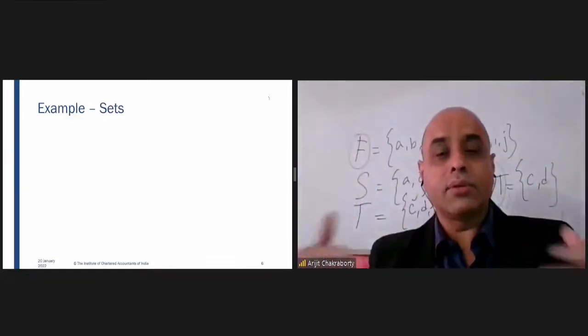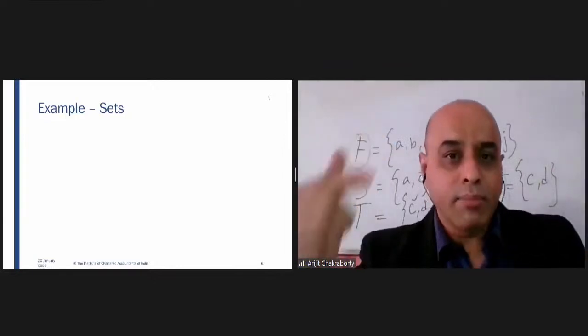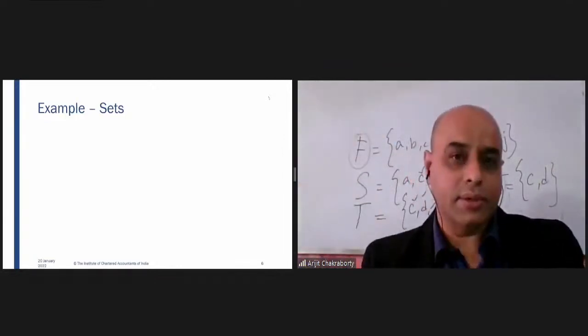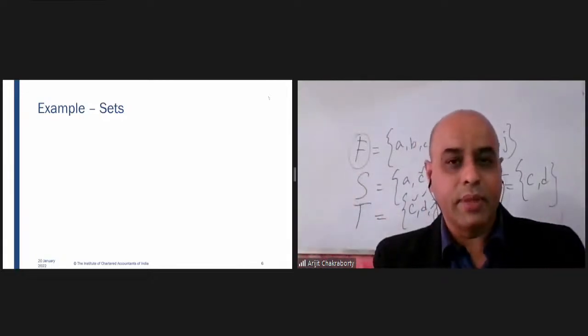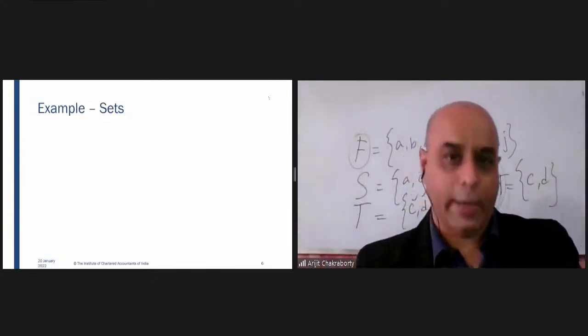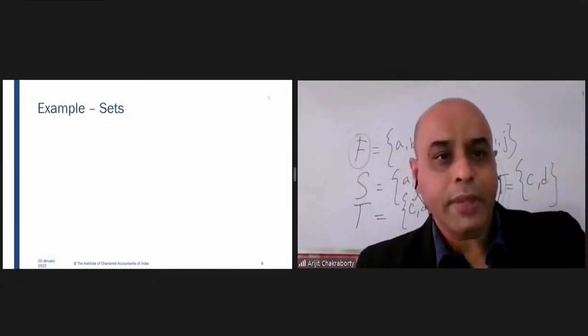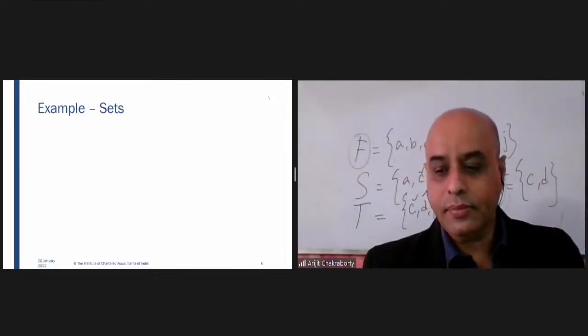I can ask you, what is the set of those companies which came out with an IPO last year? For example, Zomato, Nykaa, Paytm. So it is a group. Sets can be used even in the world of finance, accounts, audit, and later on in audit also you will learn some applications of sets.